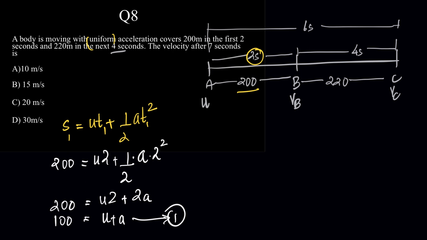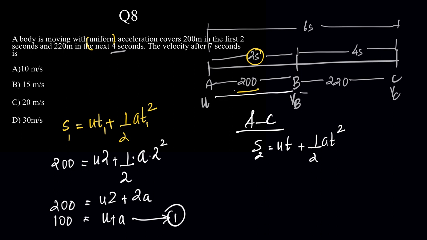Now, coming to the next equation, let us consider the motion from A to C, the complete motion. In this case, S is equal to ut plus half a t square. Now what is S? S would be S2. What is S2? It would be the complete distance, 200 plus 220, so that is 420 meters. What is time?